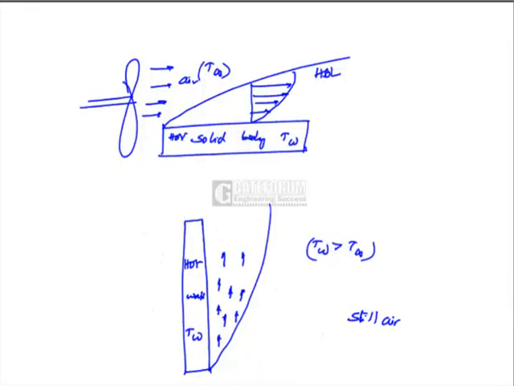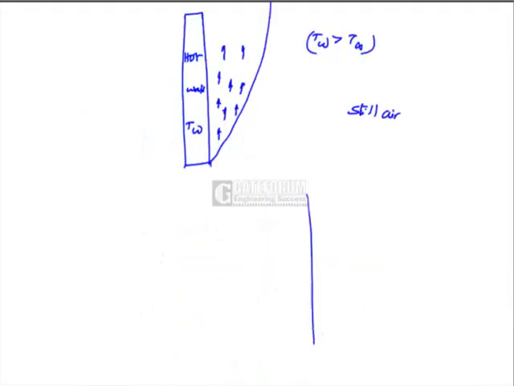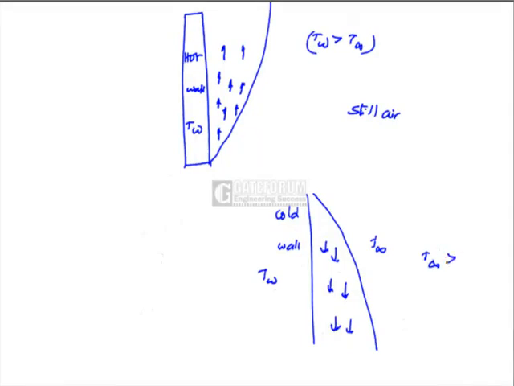If TW is lesser than T infinity, like this is a cold wall, the displacement of the air would be like this, because T infinity is greater than TW.